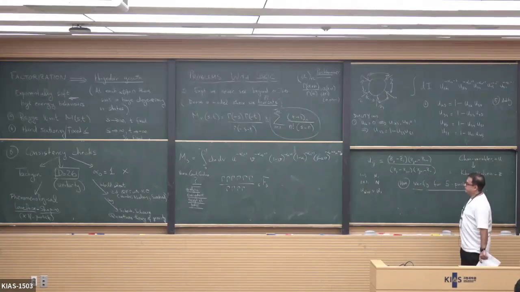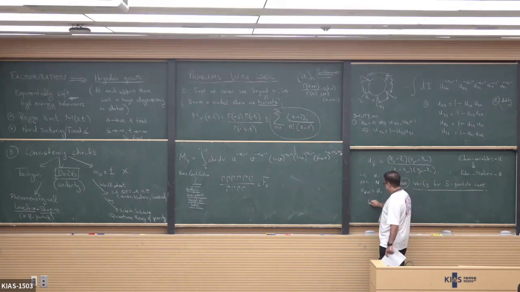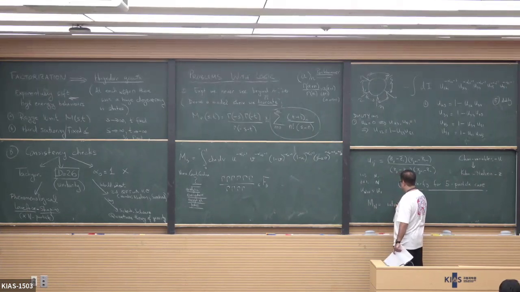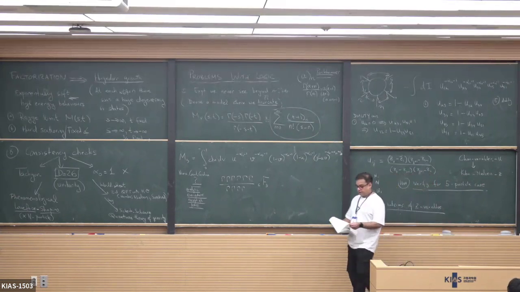This is something that I'm not going to discuss: what happens if you go to the n particle Veneziano amplitude, where there is an explicit formula in terms of these Z variables. Okay, any questions?